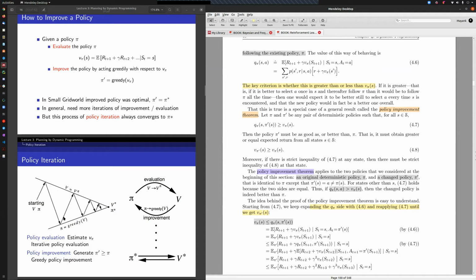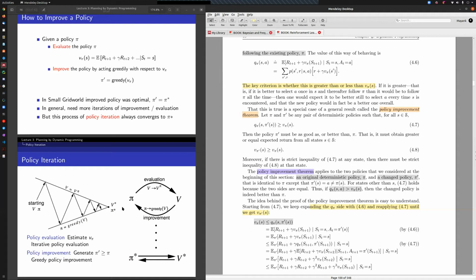Then it evaluates, and then improves based on the greedy policy that we have, until it reaches the optimal pi and v.